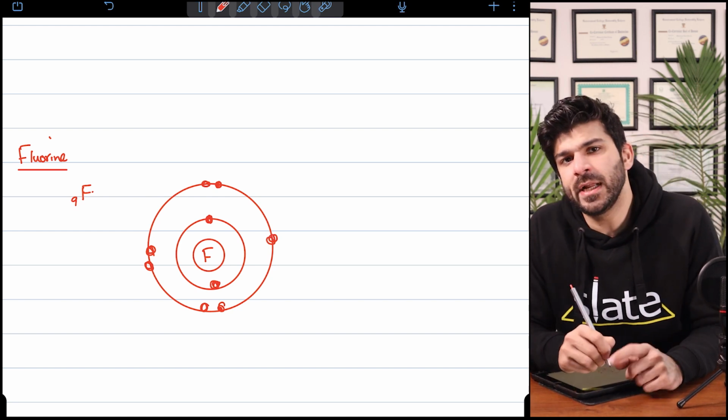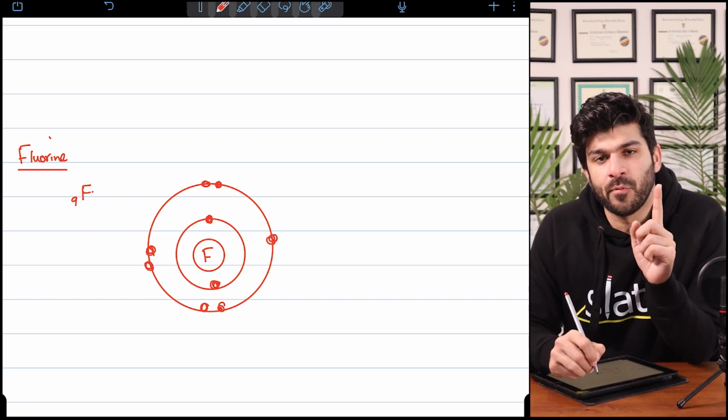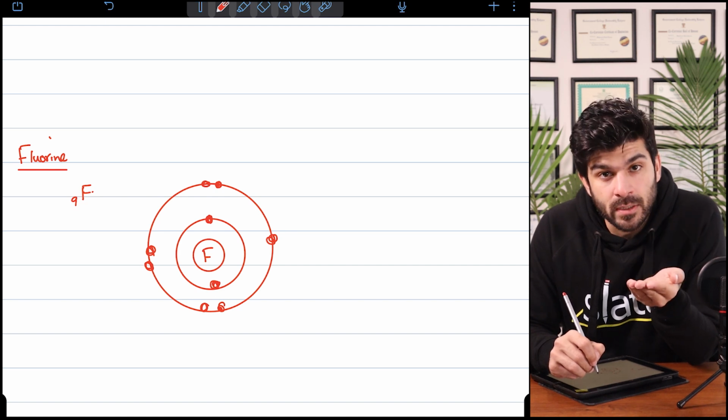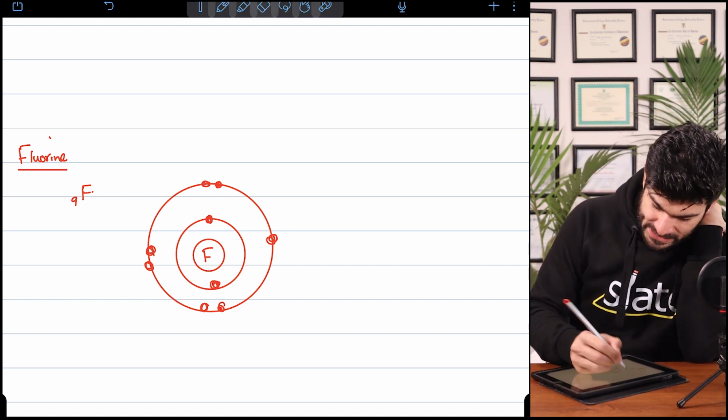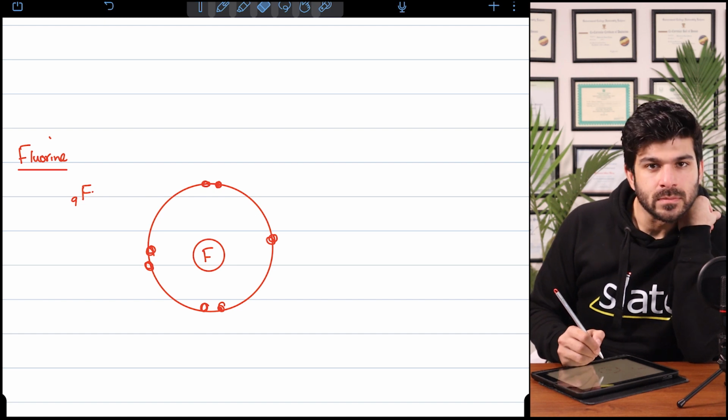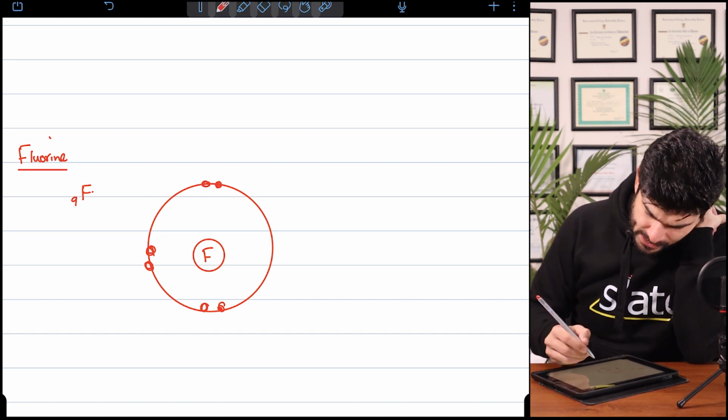How many does a fluorine need? 1 more. From where will that come? From another fluorine. And as I said, let's ignore the innermost ones. Let's make another fluorine.